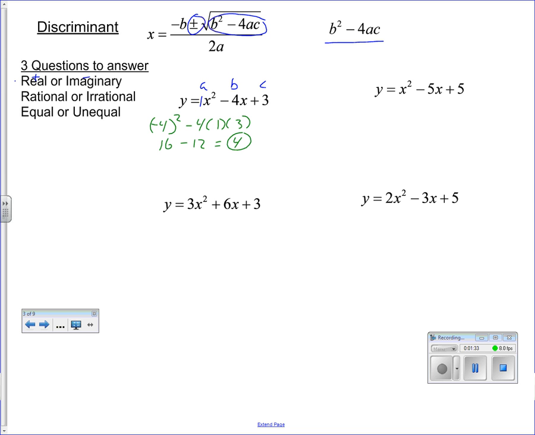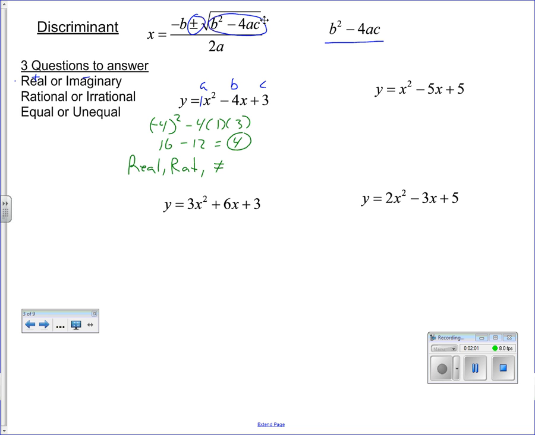The answer is obviously that it's a positive number, so that means it is real. It's going to have real roots. Rational or irrational? Since 4 is a square number, it's rational. And is plus 4 minus 4 the same thing? No, it is not. So that means it is unequal. So we don't know what the roots of this quadratic y equals x squared minus 4x plus 3 are, but we do know that those roots are going to be real, rational, and unequal.